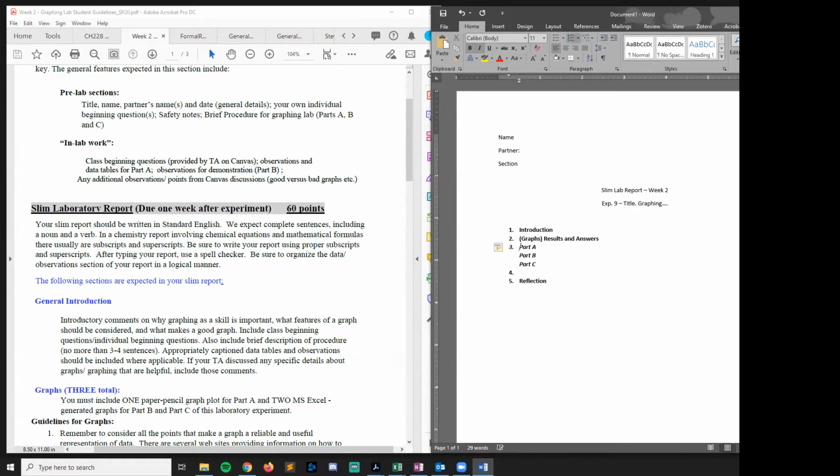I'm going to just call this 2A. You can format this properly in Word. I'm just doing this quickly so you can see how I would format it and what a nice formatting organization looks like for these types of lab reports or slim lab reports.